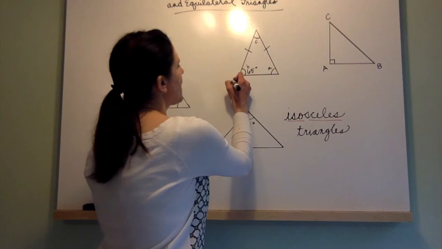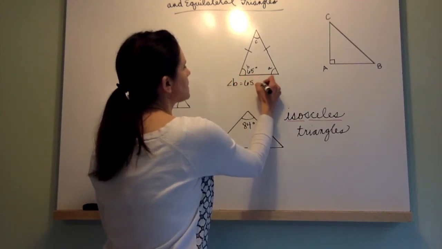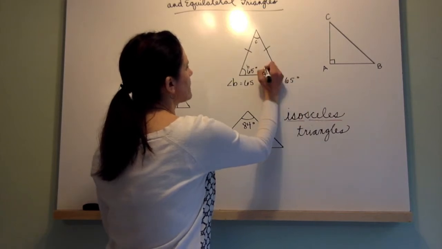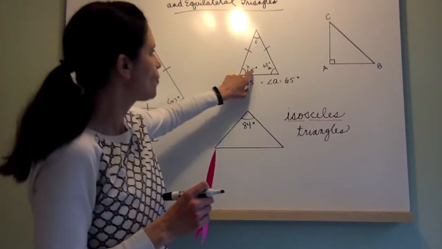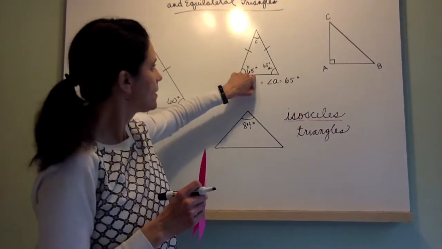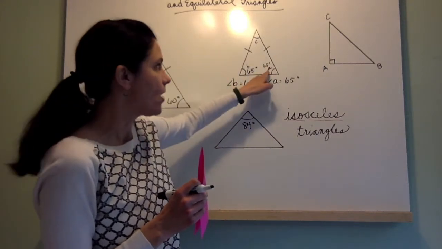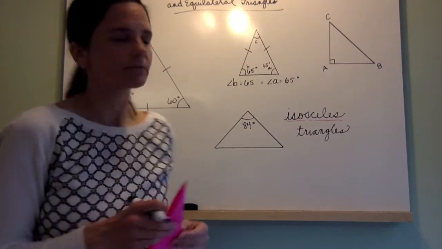So if angle B is 65 degrees, then so is angle A. So that's pretty convenient. If I'm given one angle opposite one of the two equal sides, then I know that the other angle is exactly the same.